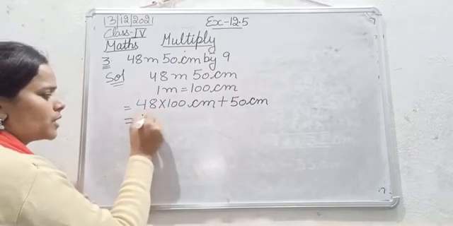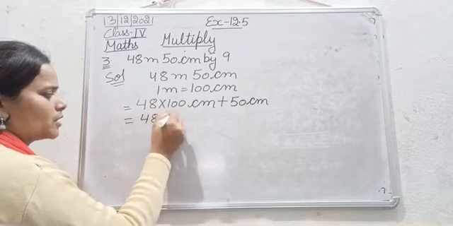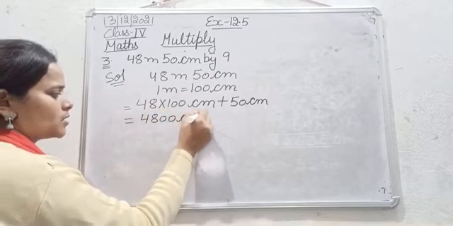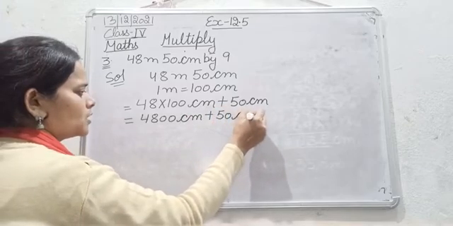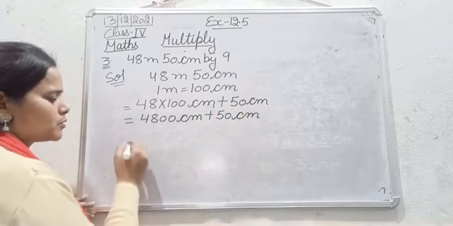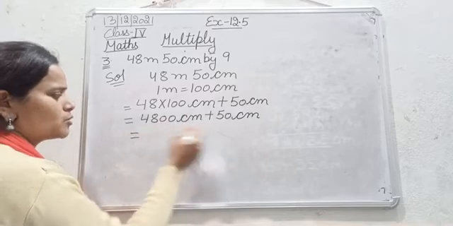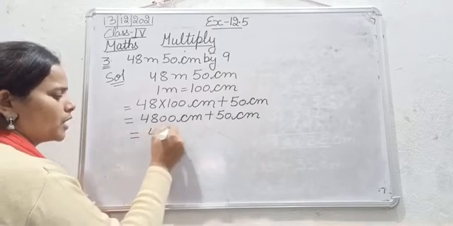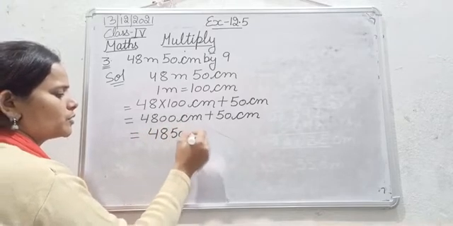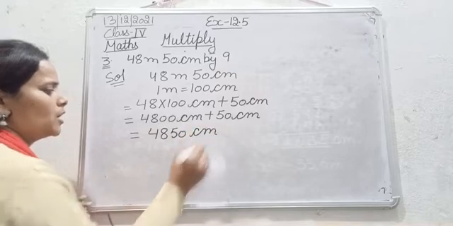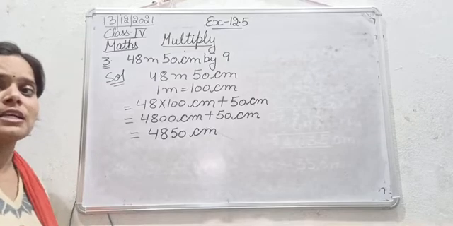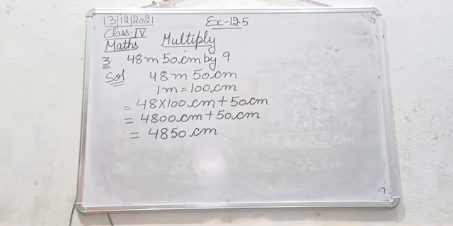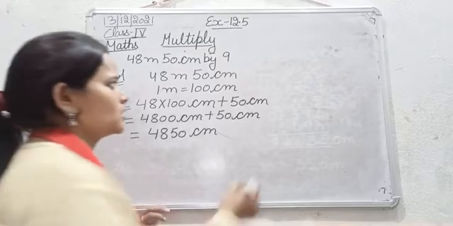So 48 into 100 is 4800 centimeter plus 50 centimeter. After adding these two, you will get 4850 centimeter. Now just simply multiply it with 9 and you will get your answer.